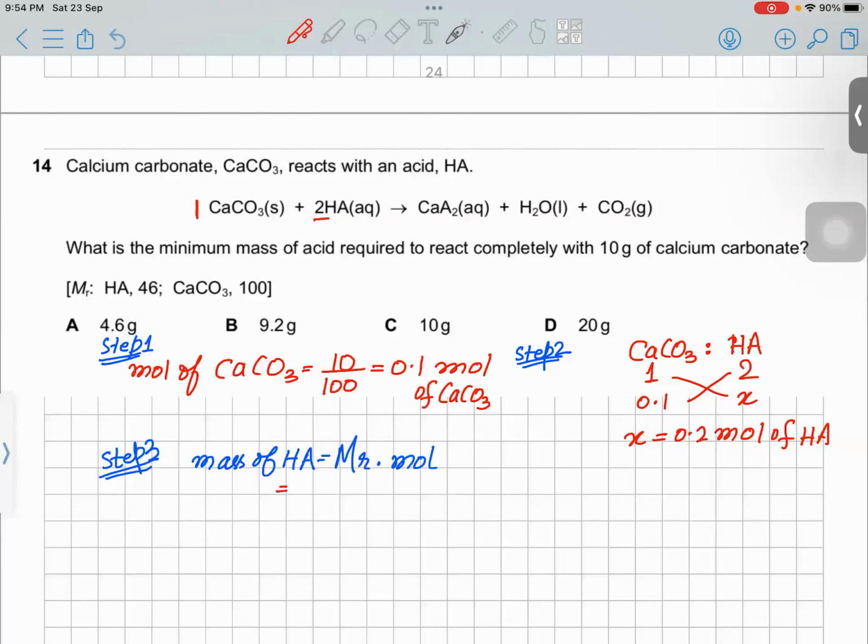So Mr of HA is 46 and mole is 0.2. Multiply 46 by 0.2. 9.2 grams, I think. Yes, sir, 9.2. So the answer is B.